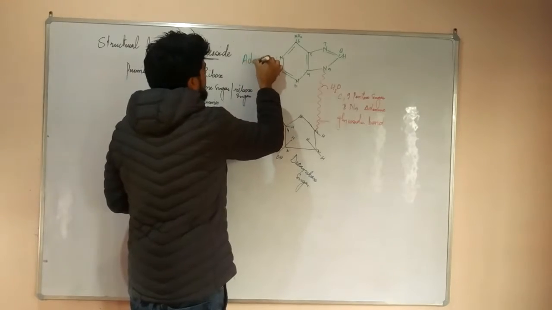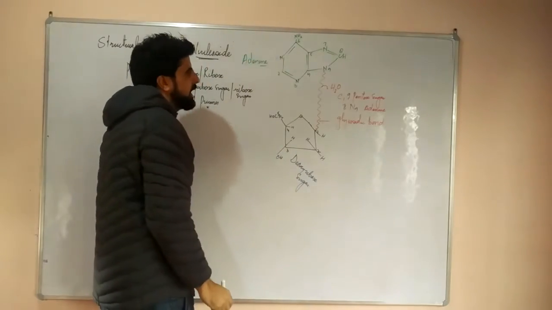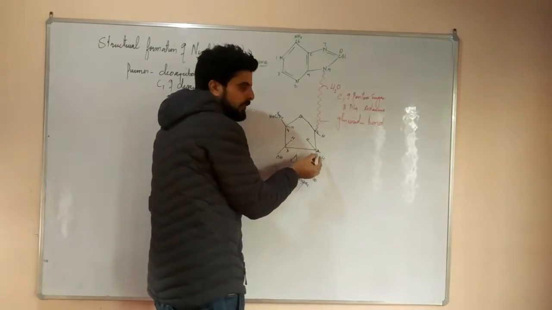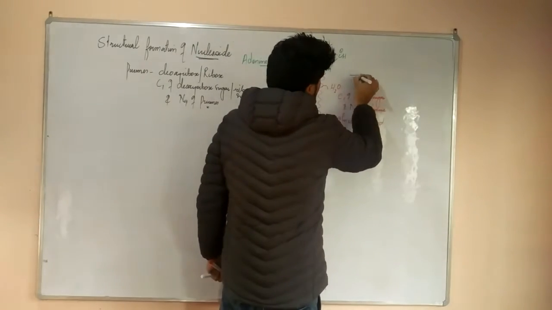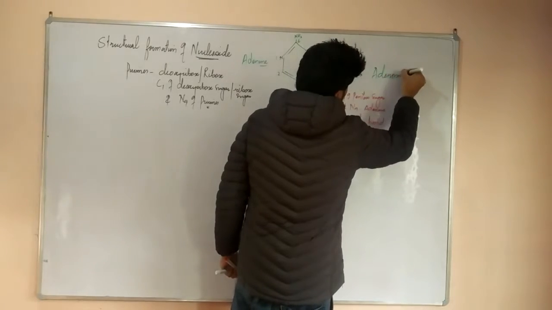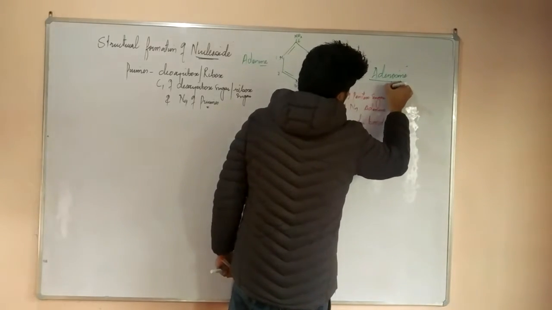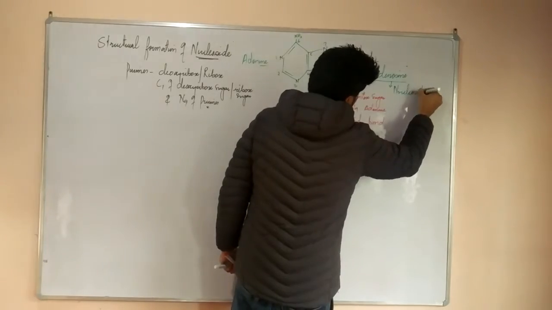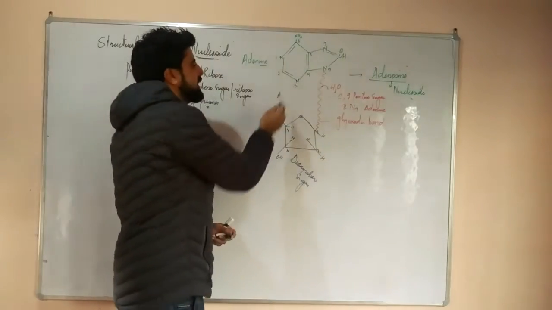This is adenine combining with the deoxyribose sugar in case of DNA. In case of RNA, you have to keep only the OH here. Now, this structure is known as adenosine. And if we have a formation of adenosine, this adenosine is called a nucleoside.